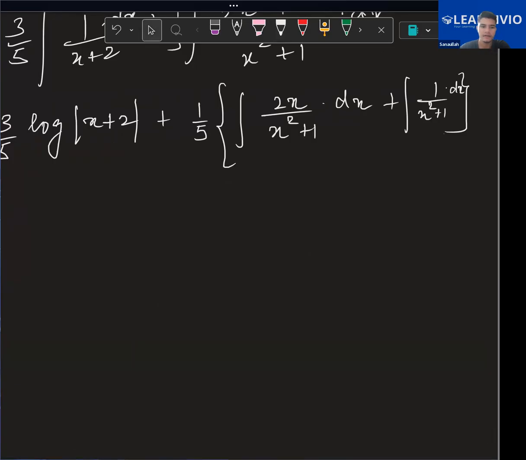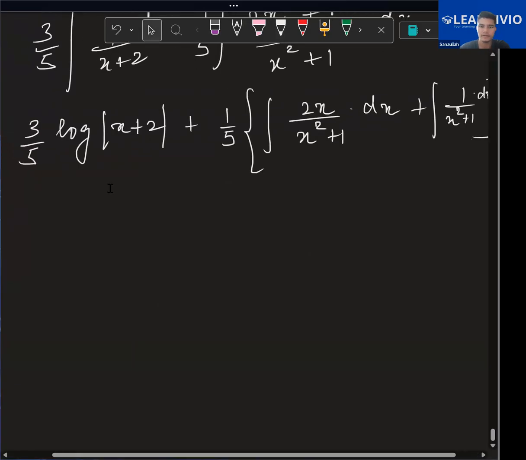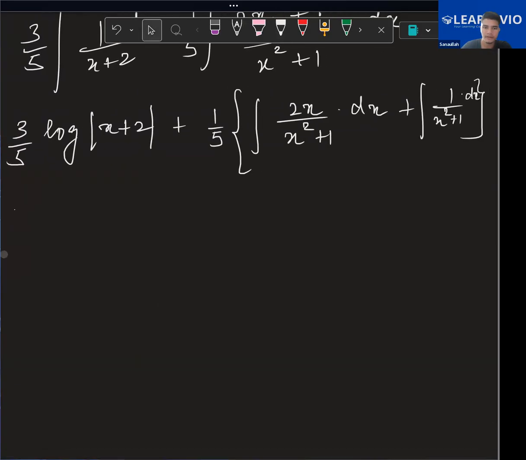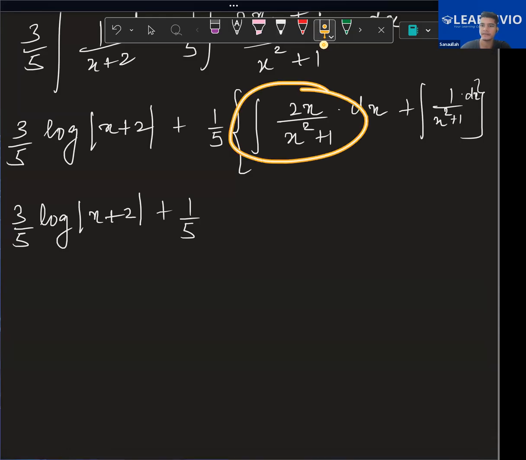So this will give me 3 by 5 of log of modulus of x plus 2, plus 1 by 5. Now see, this is a special type of case: if I take this x square plus 1 as something and differentiate it, I will get 2x plus 0 dx.